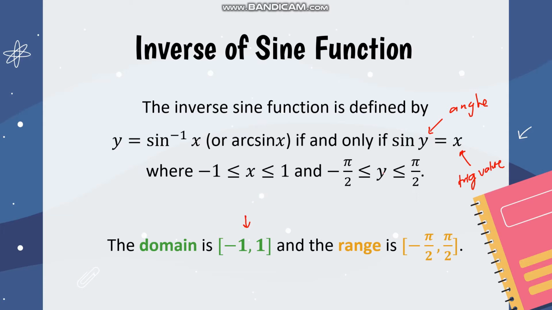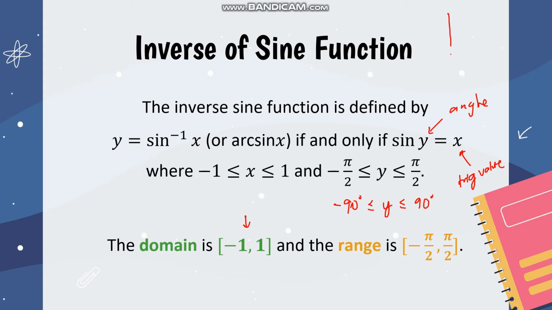Now for the range, the values of y that we can use is from -π/2 up to π/2, and they are included. We can also refer to this as -90 degrees up to +90 degrees. These are just the angles that involve the inverse of sine function.